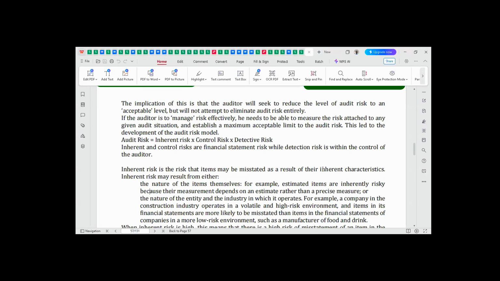Circularize them. Ask them how much they are owing the company. Then you aggregate the feedback, the balances, and compare with what you have in the financial statements. If it's the same, that means it has been validated. But if it's not, you need to ask management some questions, and further audit procedures will need to be performed.